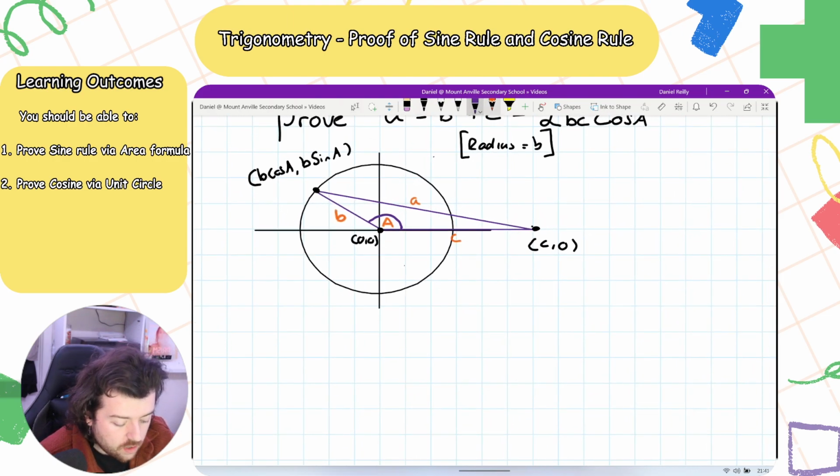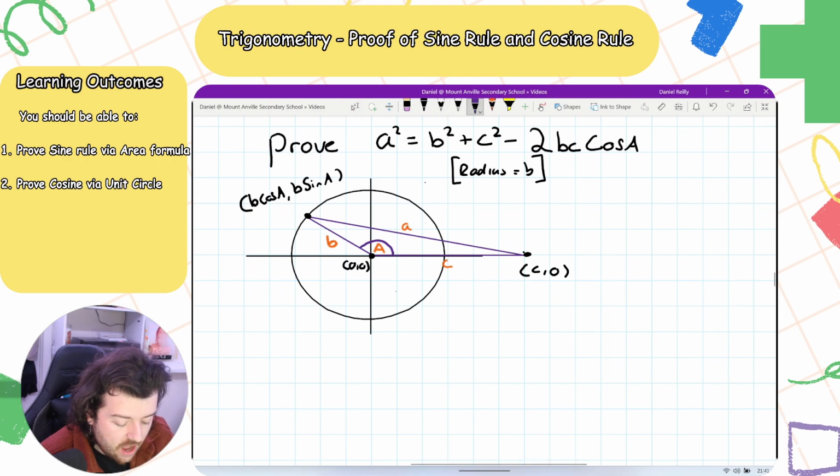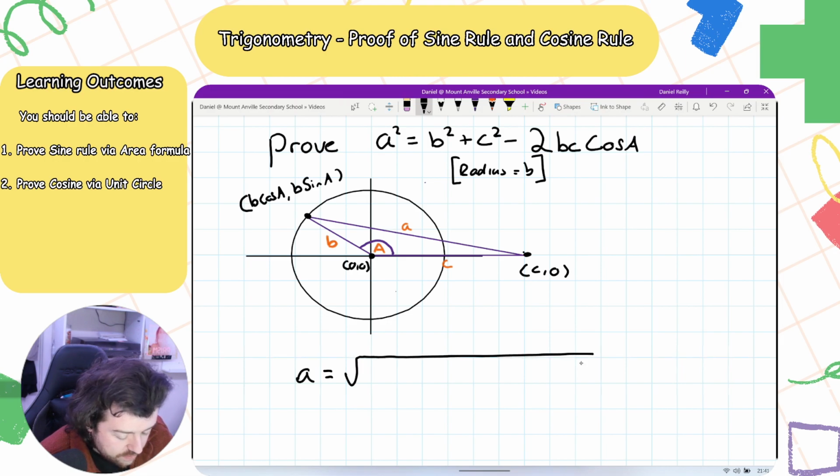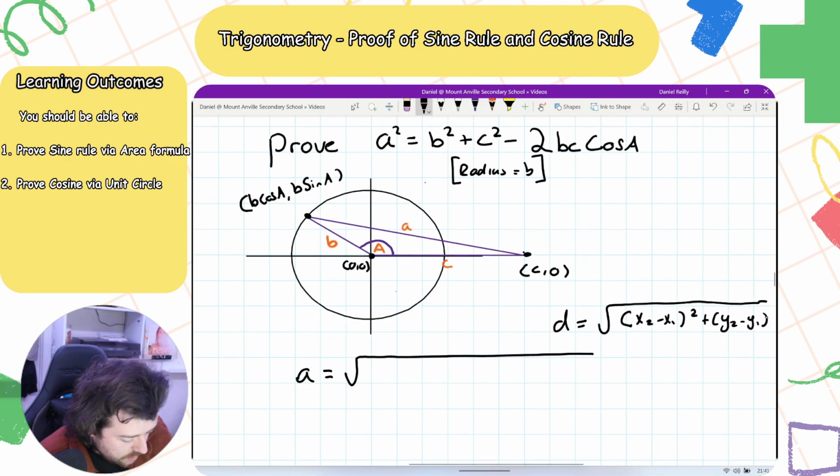So what are we trying to prove here? Well, I need to get a on its own. I know the distance from this point to this point equals a. So I say a is going to be equal to the square root of, using my distance formula, x2 minus x1, all to be squared, plus y2 minus y1, all to be squared, and then we square root all of that.